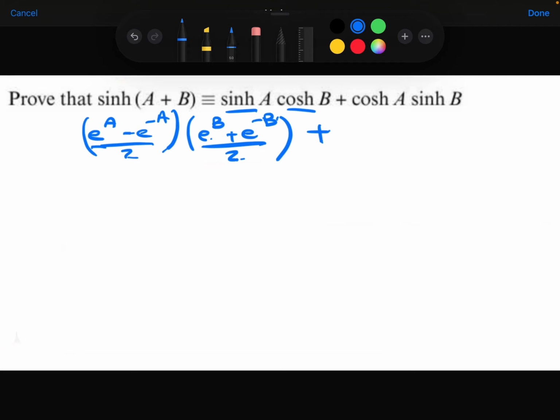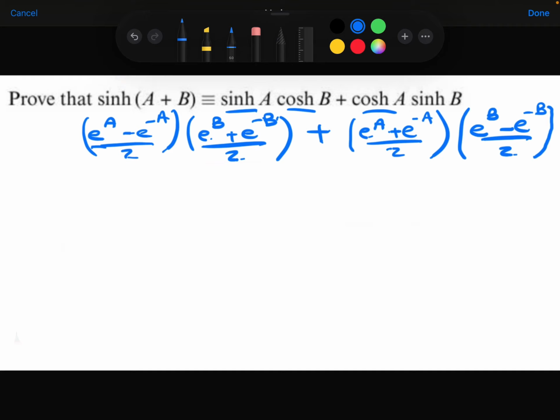Plus cosh A, we can write that as e to the A plus e to the minus A over 2. And then finally sinh B, we can write that as e to the B minus e to the minus B over 2. So this is me writing out the right-hand side.